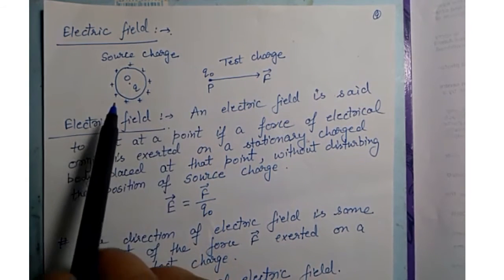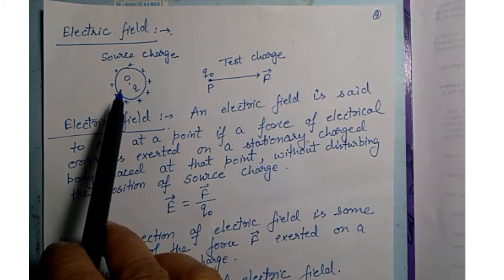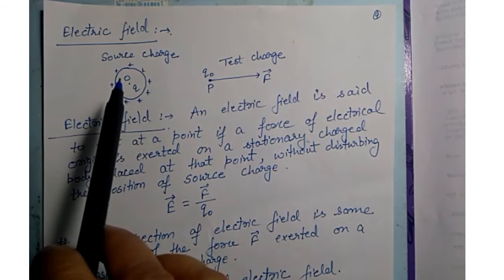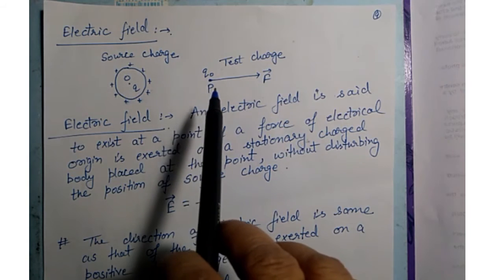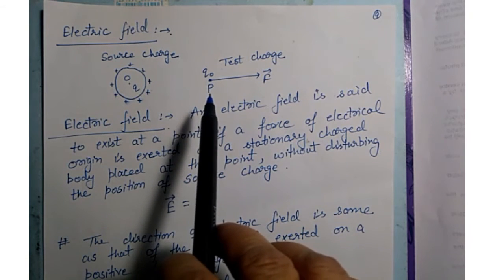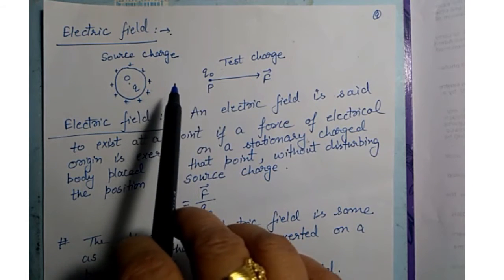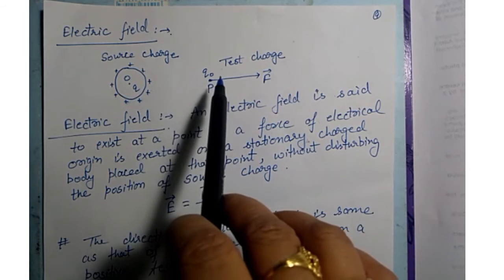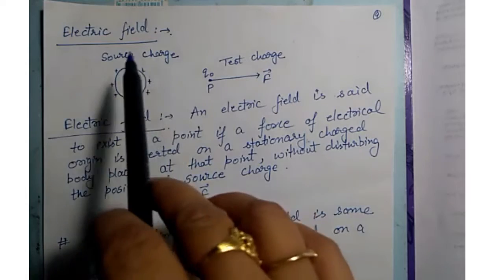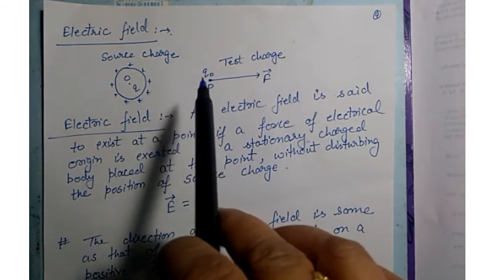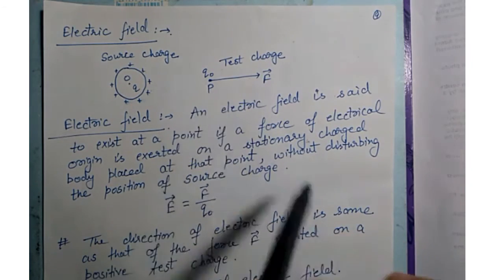So, here we have a source charge Q at position O. This is a positive charge, and another test charge, which is also a positive charge, is placed at position P. Now, we will find that this test charge is influenced by this source charge. So there is an electric field of this charge which is exerting a force F on this test charge Q naught.